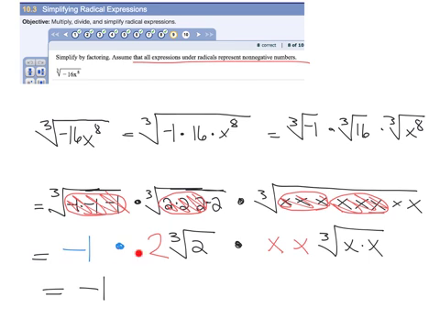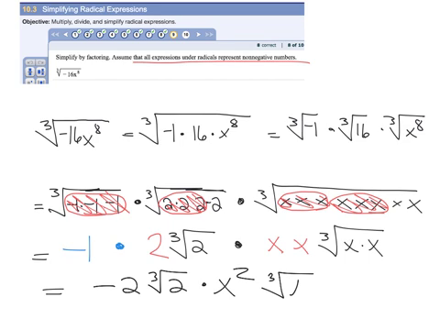Well, actually, what we could do is multiply. So we could say, hey, that's -1 times 2, so that gives us -2. Then we have the third root of 2 times the third root of x squared. All right, and that's how we went from this line to this line.